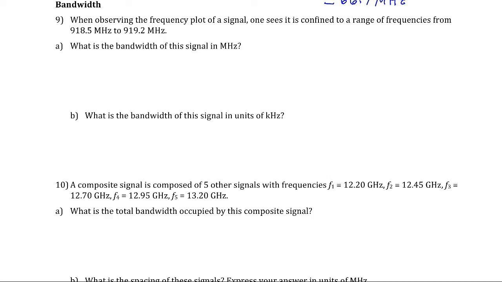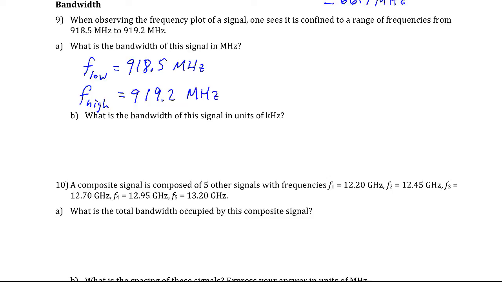So what I'm going to do is say that F low, the lowest frequency, is 918.5 megahertz, and the highest frequency, F high, is 919.2 megahertz. And we know that the bandwidth is the difference of these two.